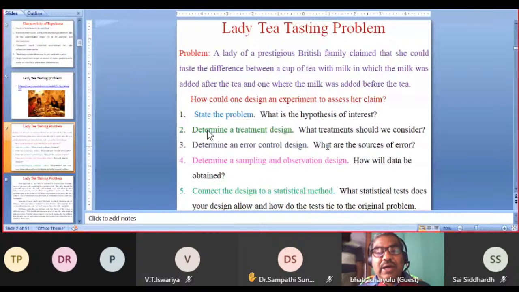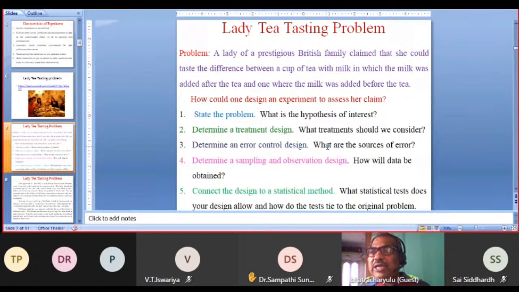So here our major problem is the statement of the problem, which you have to specify. This is nothing but what is the hypothesis to be tested? What is her claim? Whether she has a discriminating power or not.